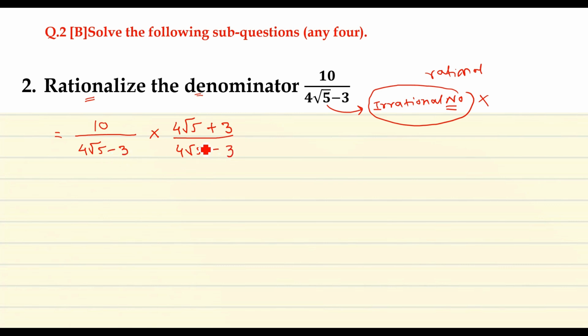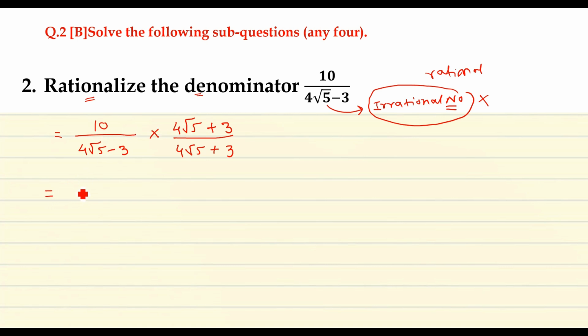So what I did here is, if I multiply and divide by the same number, it doesn't affect the given value. So I multiplied and divided by 4 root 5 plus 3, the same number, therefore the value won't be affected.